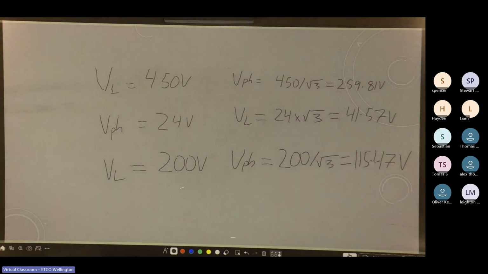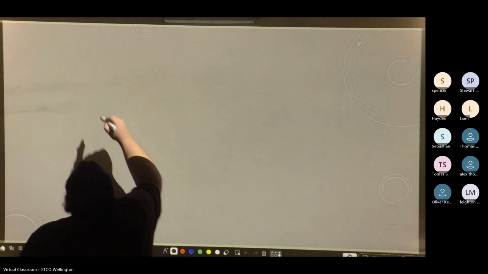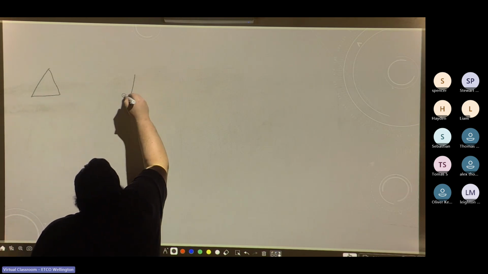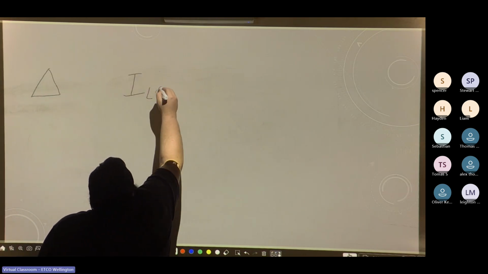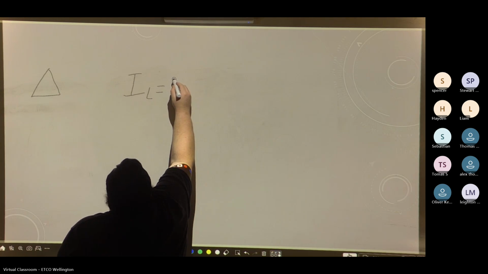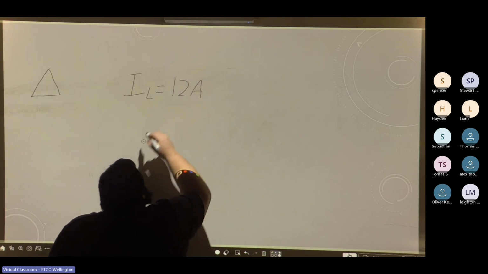So let's look at a few. If we're in star, we've got an I line of 12 amps.